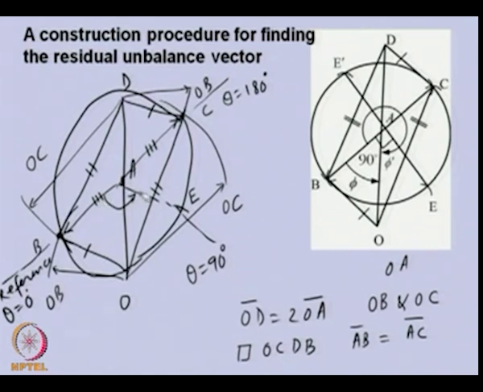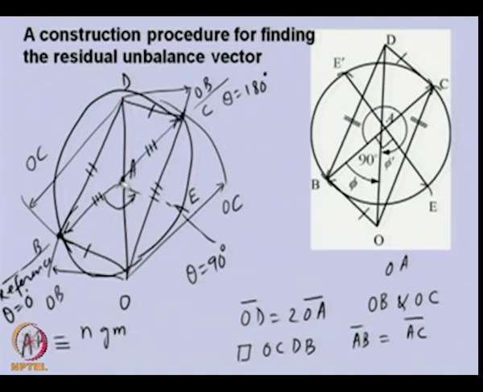Now our aim is to obtain the residual unbalance and its orientation. We have seen that AB is the effect of the trial mass. Because we know the trial mass, let us say it is some number n grams. So AB is equivalent to n grams. What is AO?